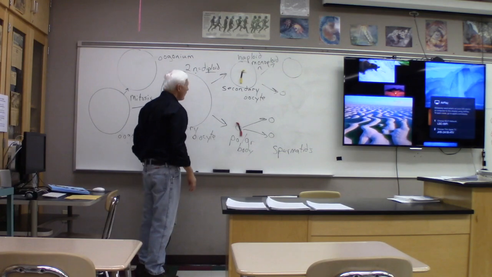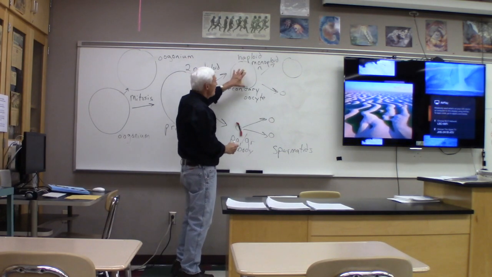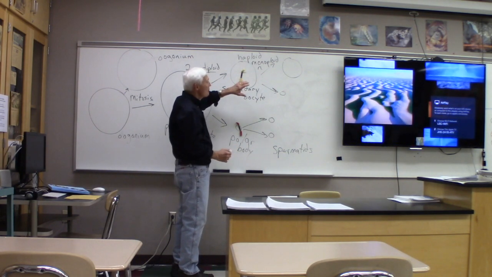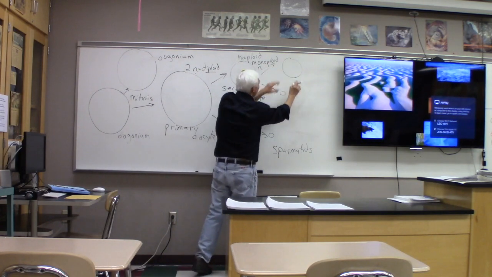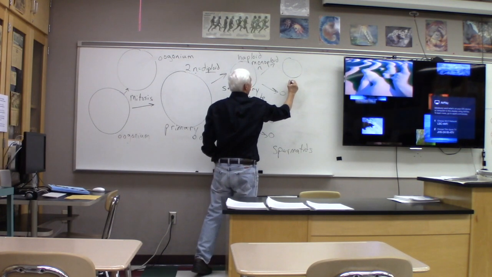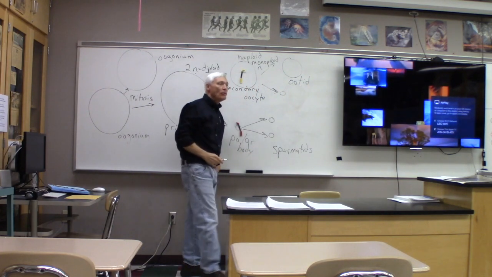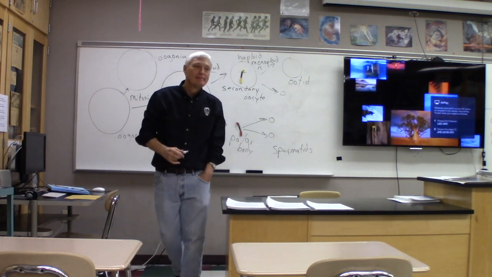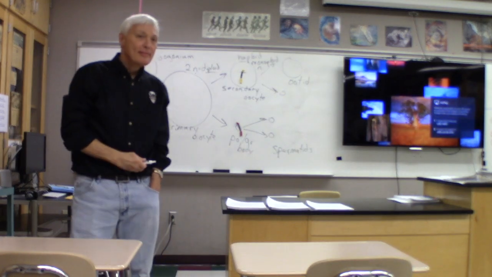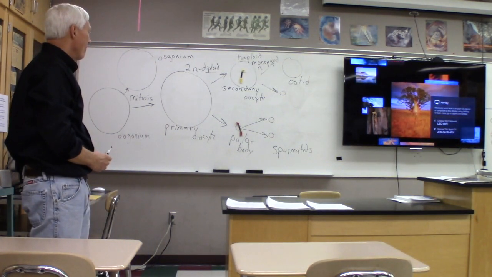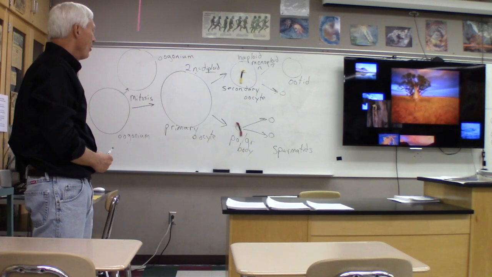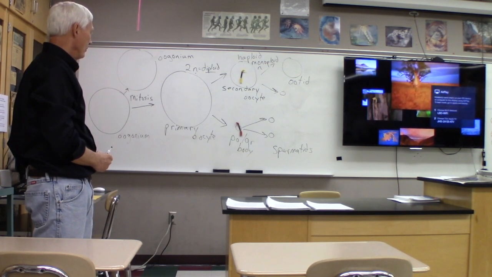Now, the secondary oocyte, if and when it does meiosis 2, this cell is now called an ootid. Ootid. So now we got an ootid and 3 polar bodies.